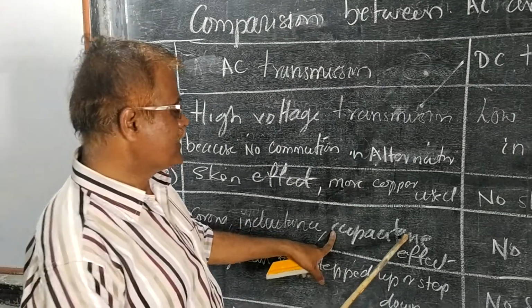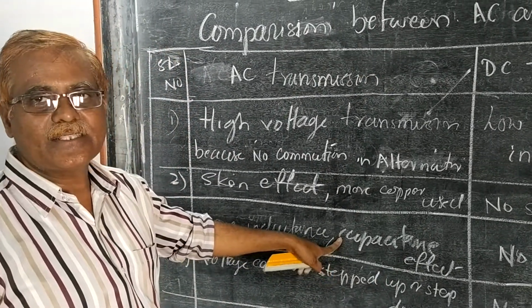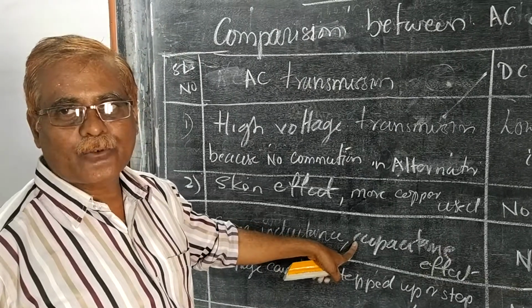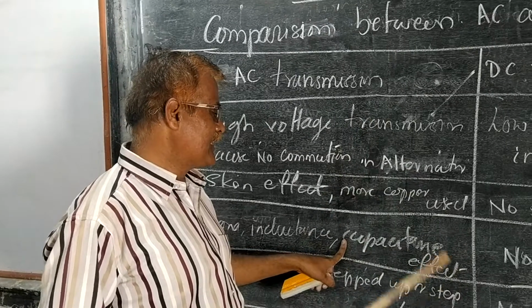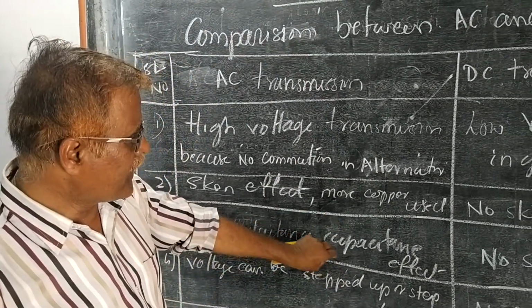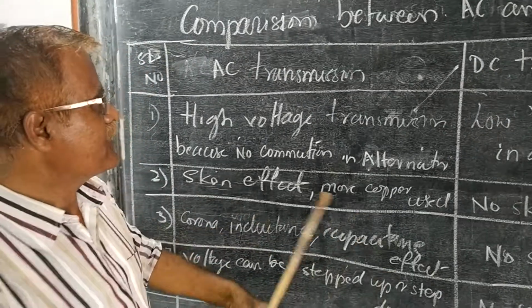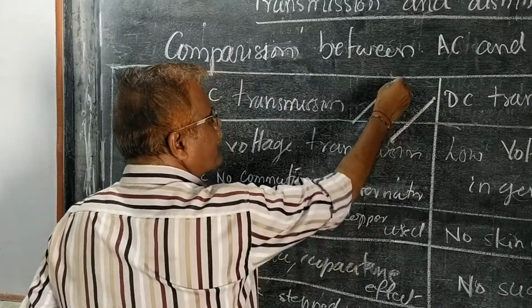Then the capacitance effect. You know that a capacitor is a device with two plates and an insulating material in between. How can this capacitance occur in transmission lines? Take these two lines as an example of transmission lines.